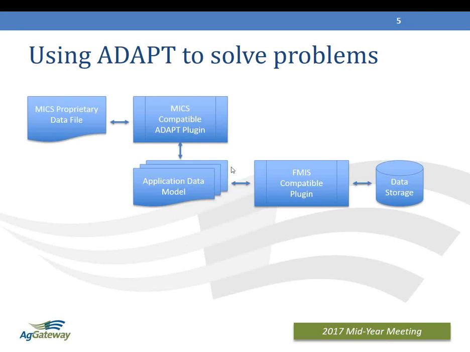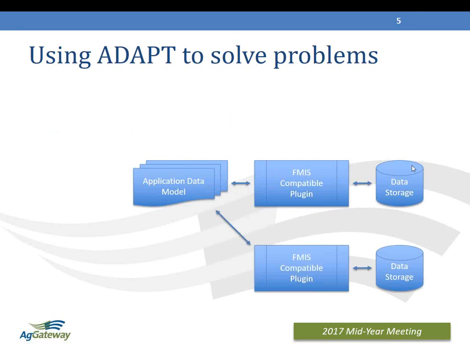So the application data model is nothing more than a transport vehicle to get the data from one application into a format that another application can read and understand and then use in its own proprietary manner.